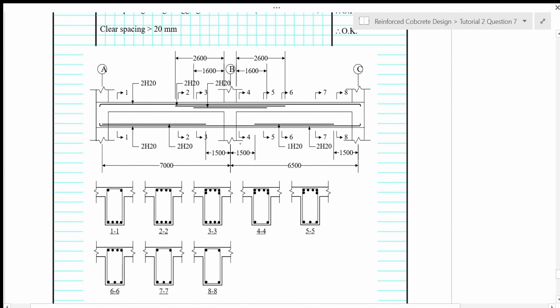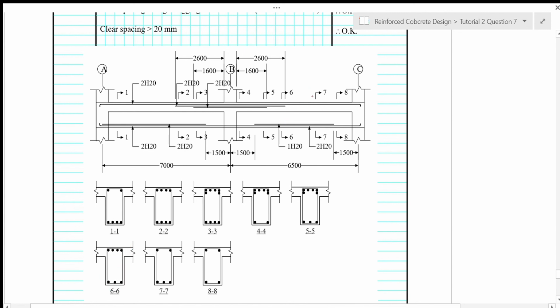And then we move on. So at section 55 we have additional bars here. So we have 1 additional bar in section 55 as compared to section 44. And then at section 66 there is a reduction of this bar which is already cut off. So left only 4 bars on top and then 3 bars at the bottom.